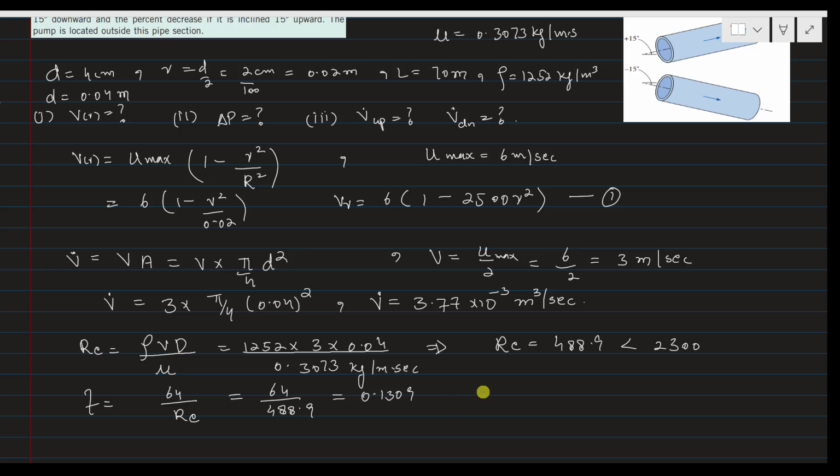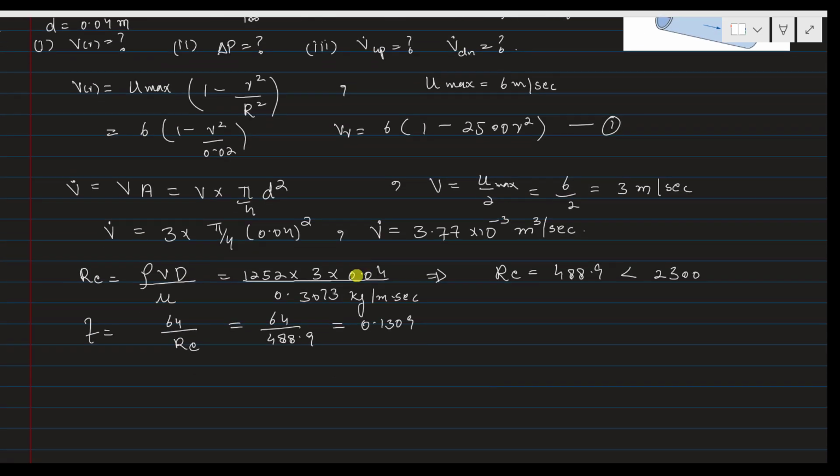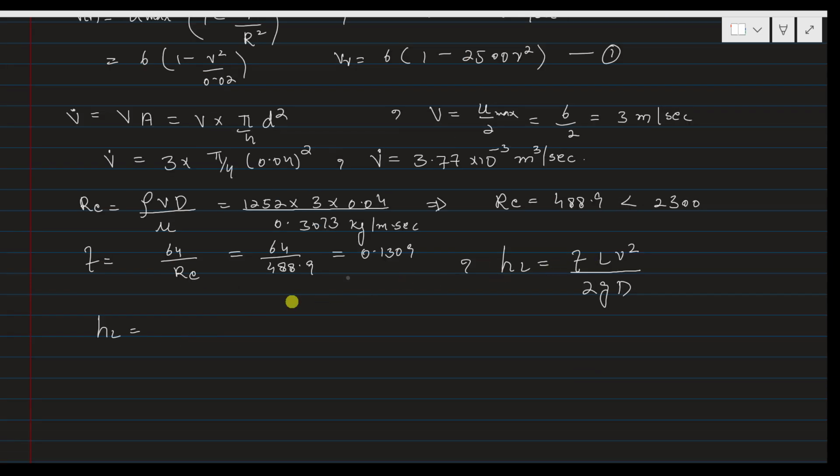Next, to find the head loss. So what is head loss? Head loss is equal to f L V square divided by 2 g d. F, that is determined previously, 0.1309, multiplied by L. L is the length of the pipe, that is 70.